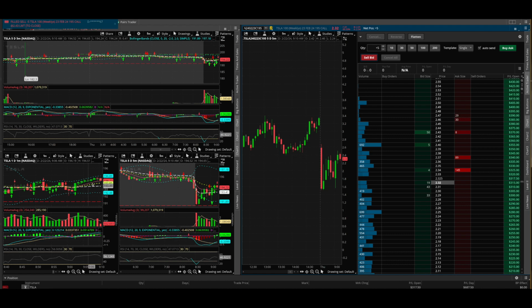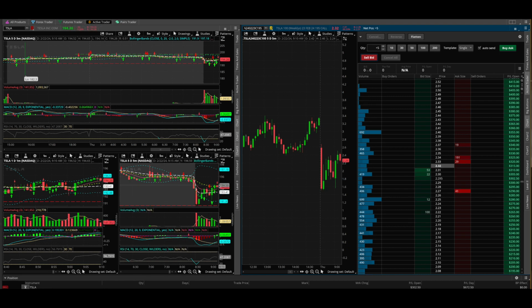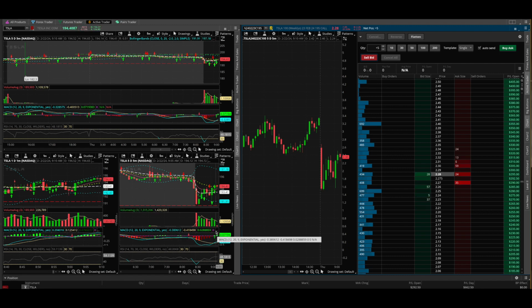See, it's turning down a little bit because we have higher than average volume on the 1 minute, and the algorithm tells us on the 5 minute that this thing could turn around to the downside. So at least we took some money off the table. But the MACD is still showing us that this thing could continue to the upside.